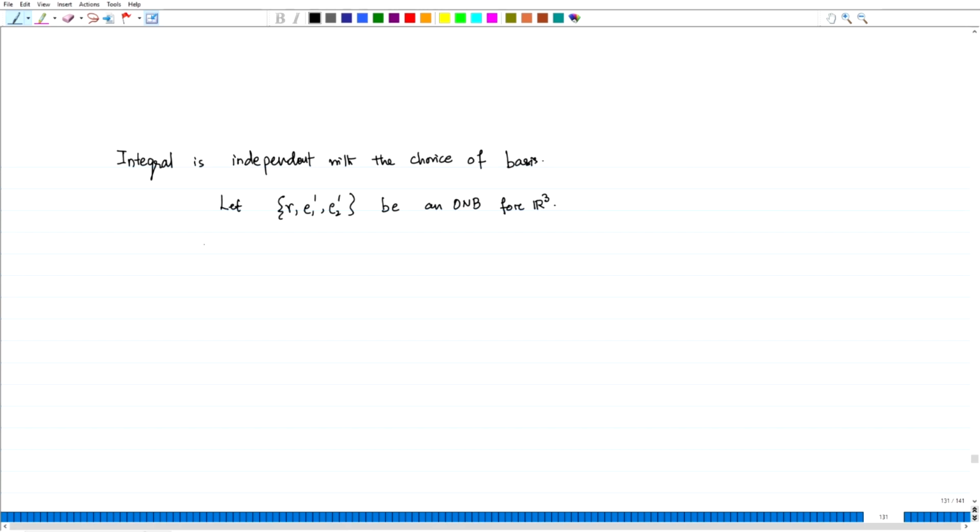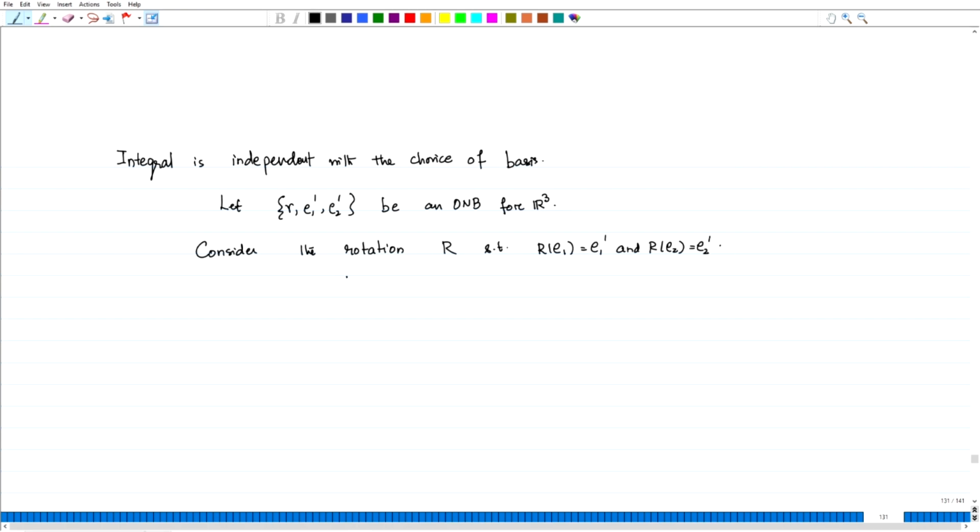So consider the rotation R such that R of e1 equals e1 prime and R of e2 equals e2 prime.